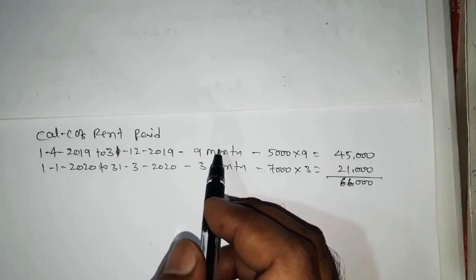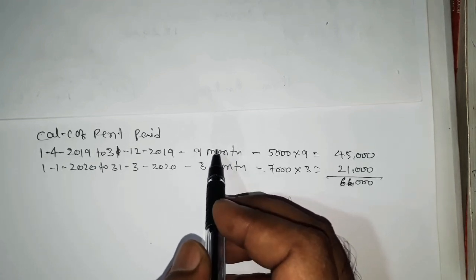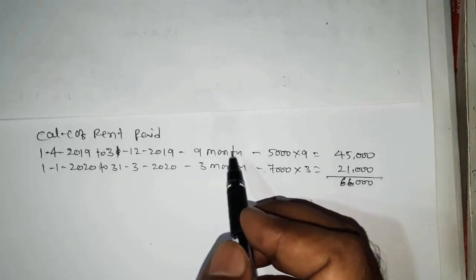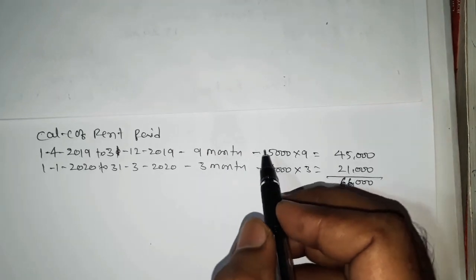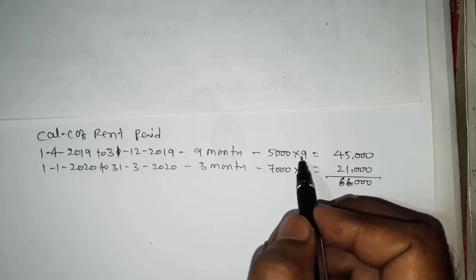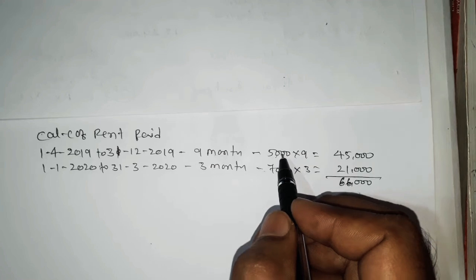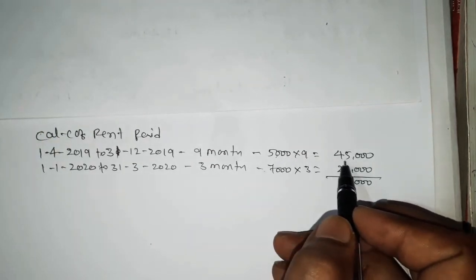You can go for the calculation also. If you are not understanding, you can call me and I will explain once again. My mobile number is given at the start. So 5,000 into 9 will become 45,000.